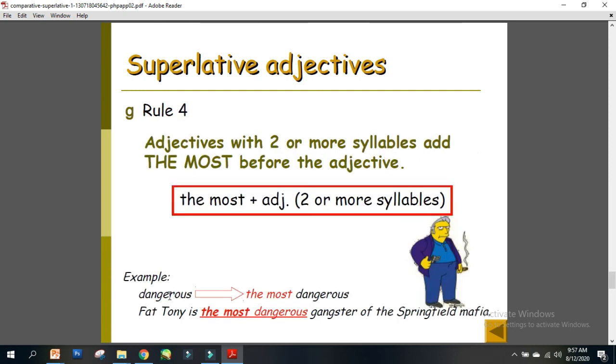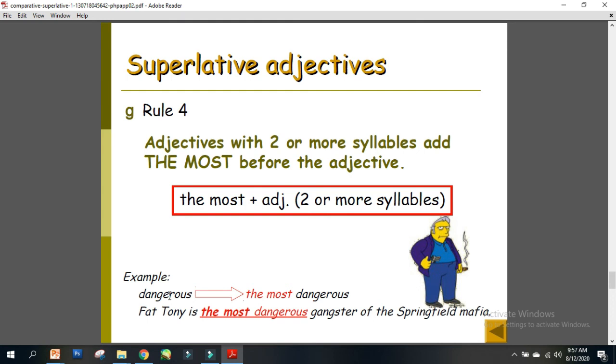Rule number 4. Adjectives with 2 or more syllables add the most before the adjective. And here, we don't have to add est, because when the adjective has 2 or more syllables, we change it into the most.